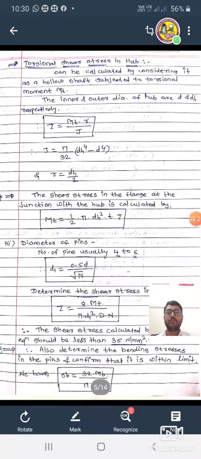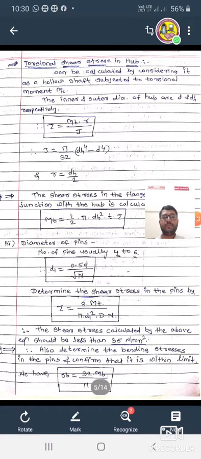Then the diameter of pins, number of pins usually 4 to 6, that is diameter of pins d1 equal to 0.5d upon under root n. Determine the shear stress in the pins by using the equation tau equal to 8 Mt upon pi d1 square D into n.